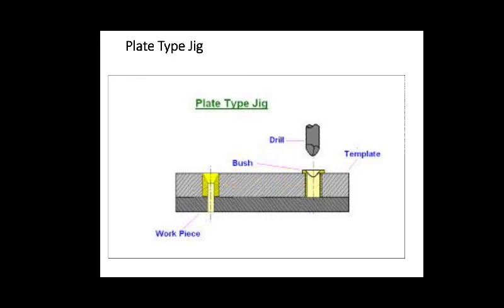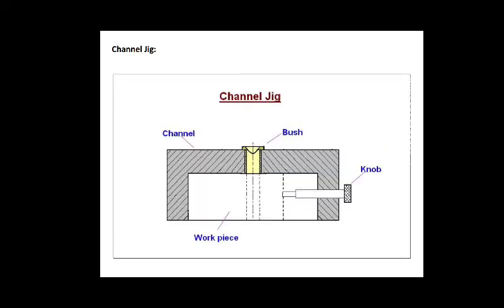Now let us see the next type of jig, that is the channel jig. In this type, the jig is made of a standard steel channel section. Here you can see the C, that is the channel section. The channel jig is a simple type of jig having a channel-like cross section.